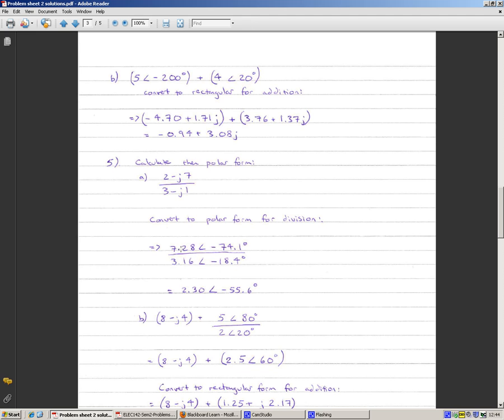So to do our division, we do 7.28 divided by 3.16, so we just divide the magnitudes, which gives us 2.30. And for the angle parts, we just subtract minus 18.4 from minus 74.1. So we've got a minus number, so start off with your minus 74.1, and then you're subtracting minus 18.4.